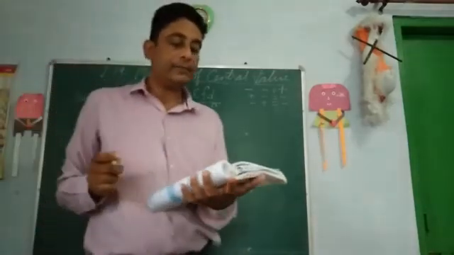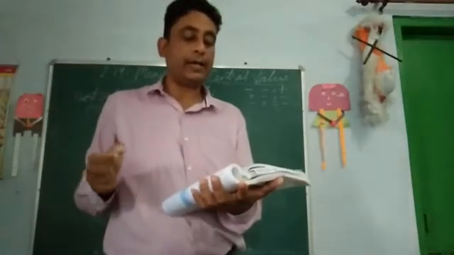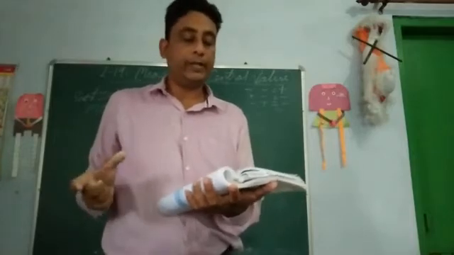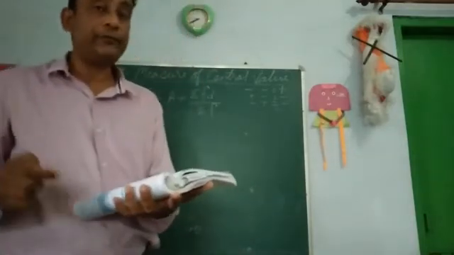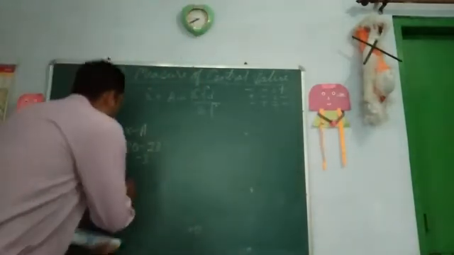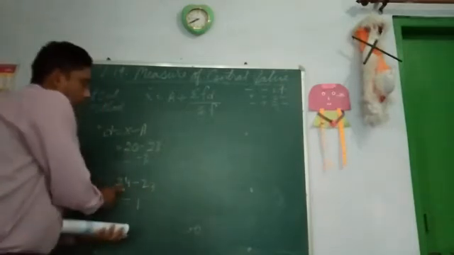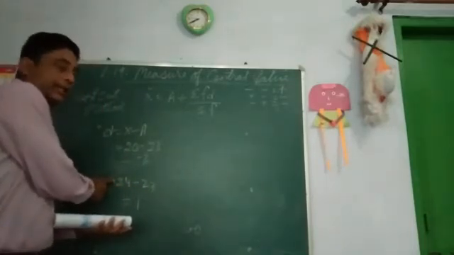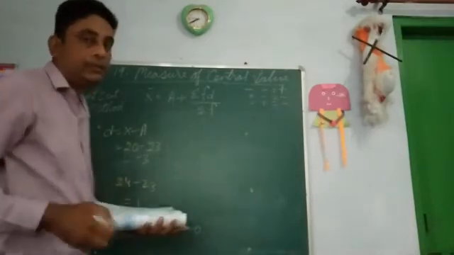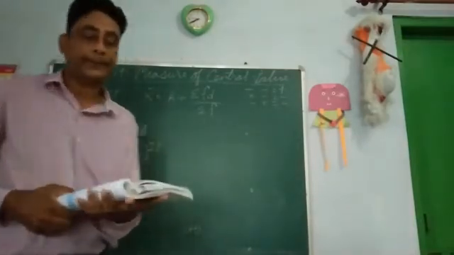Then when the value is greater, like 1, 2, it will be positive. Because 24 minus 23 is 1, where the positive value is greater, no negative sign will be marked here.